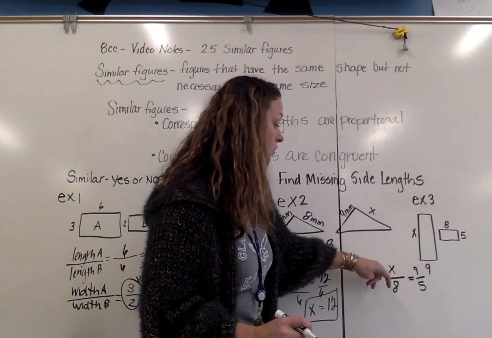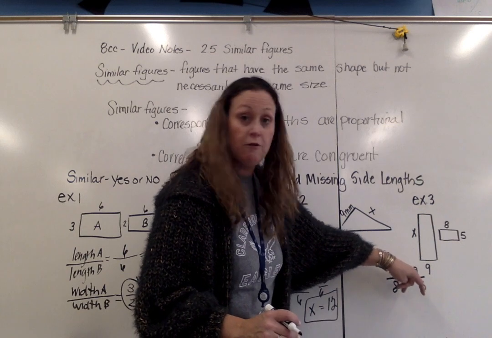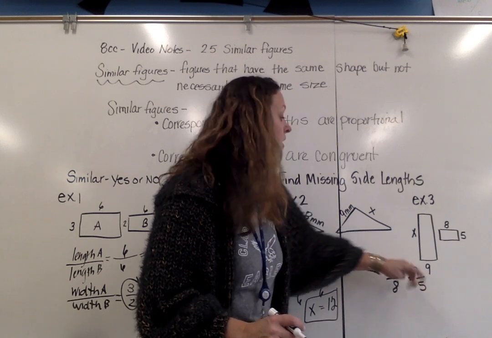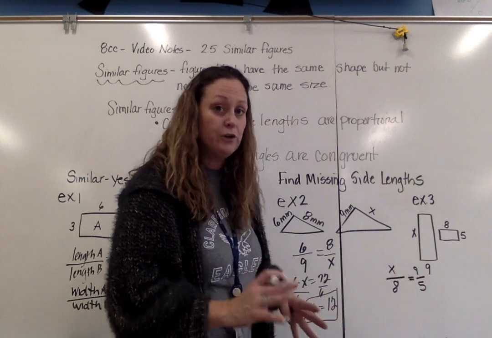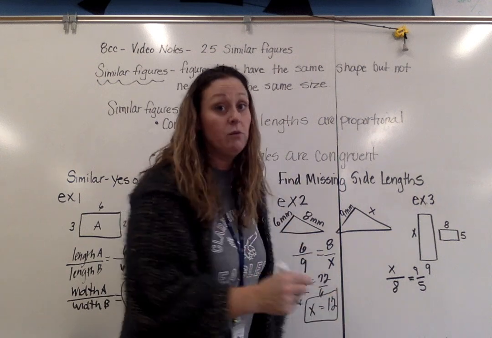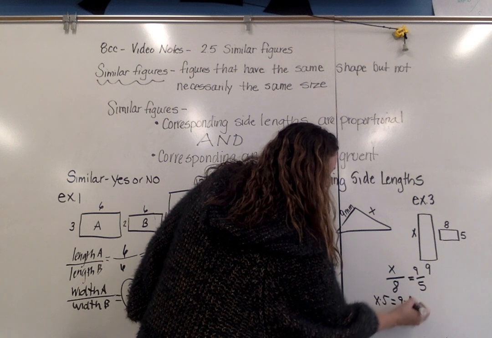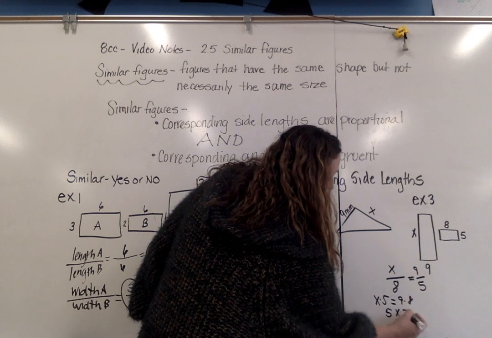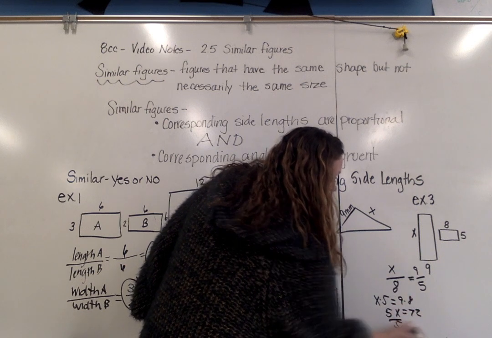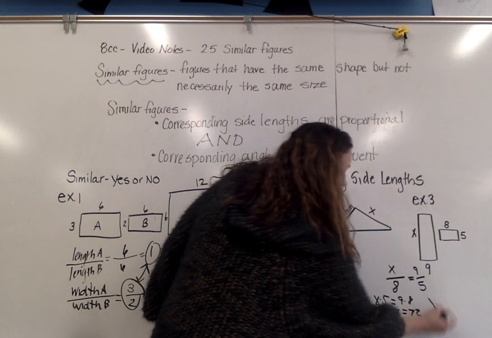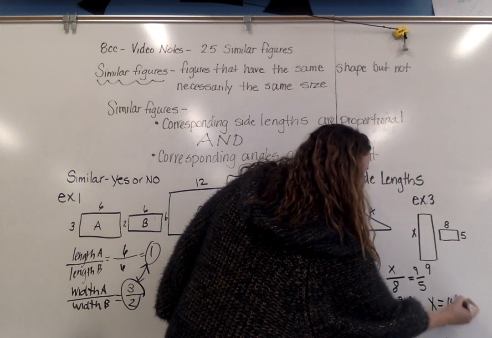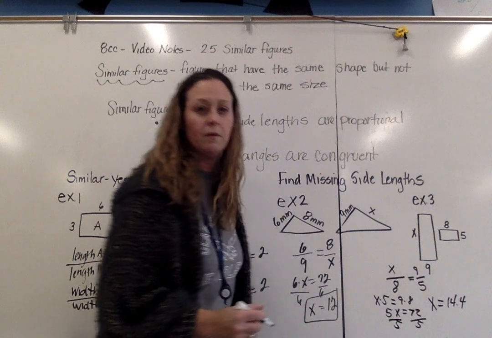This is figure 1 length, figure 1 width. You have to be consistent about how you're setting up your proportion. I am going to require an equation. So x times 5 equals 9 times 8. 5x equals 72. Divide by 5. X is equal to, I think that's 14.4.